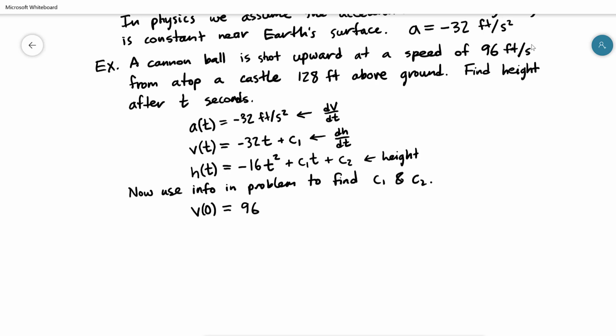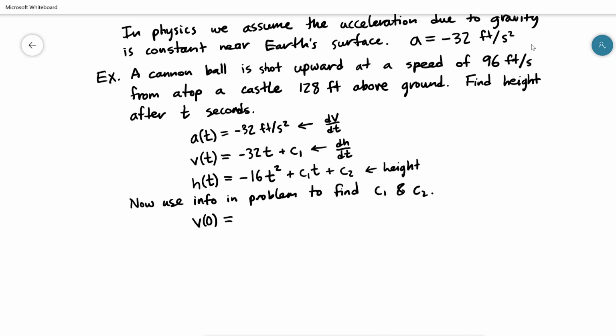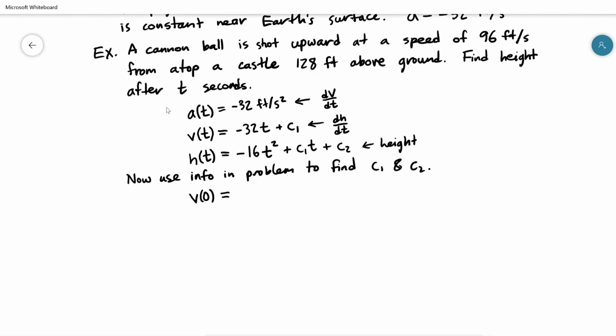And so we also know, let me do this the other way first. I also have an expression for the velocity right here. And so I'm just going to plug in t equals 0 to that. It's negative 32 times 0 plus c1. And that whole thing, as we just saw, is supposed to be 96. And so this is really easy to solve. 32 times 0 is just 0.